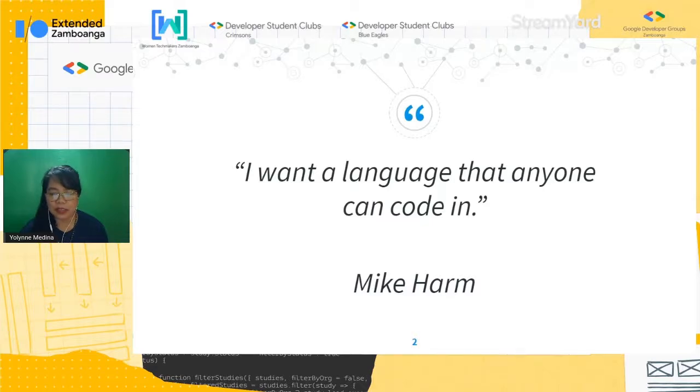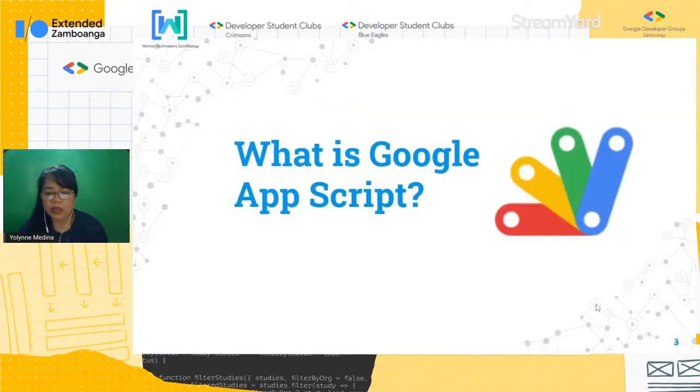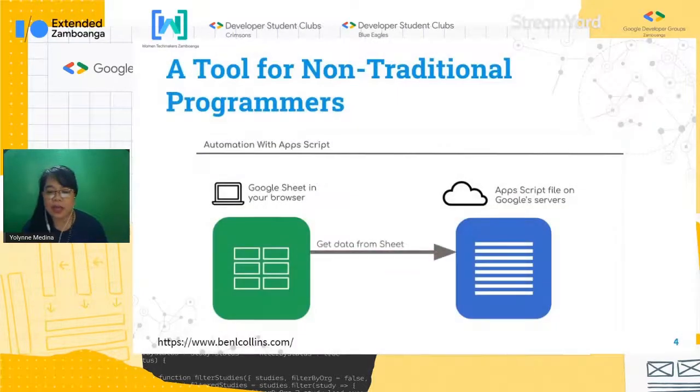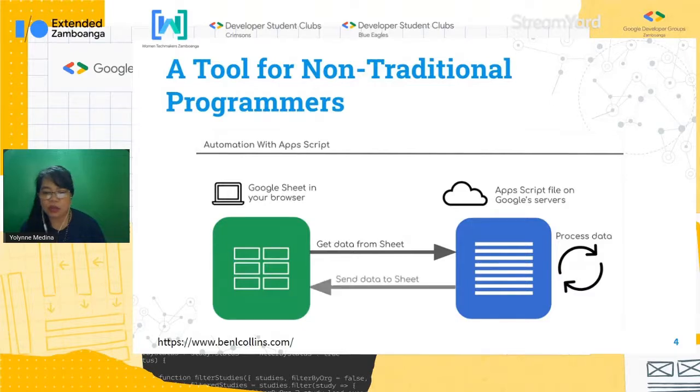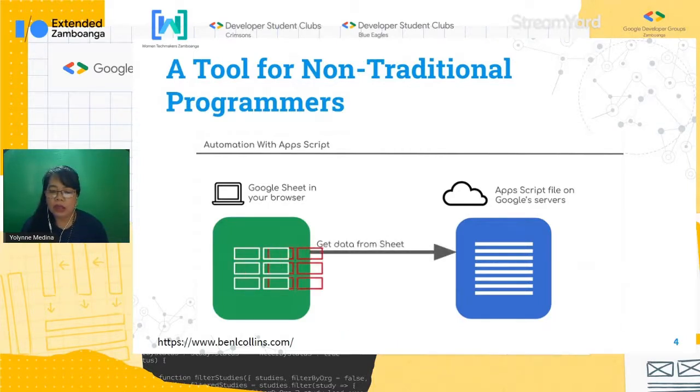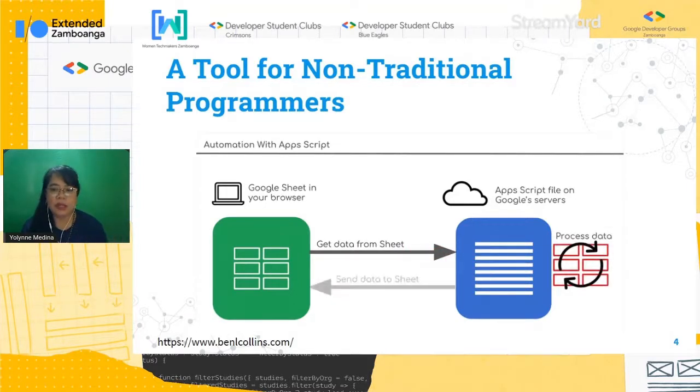Okay, so next. What is Google Appscript? Google Appscript is a JavaScript cloud scripting language that provides easy ways to automate tasks across Google products and third-party services and build web applications. So kung familiar na kayo sa JavaScript, mas madali na lang para sa inyo na maintindihan ang Appscript.